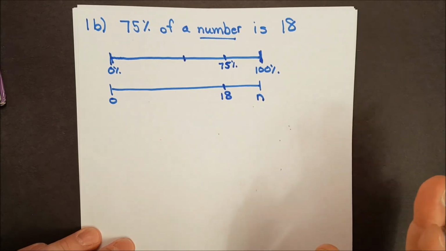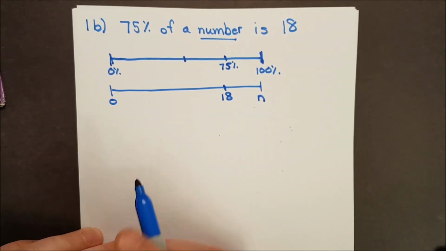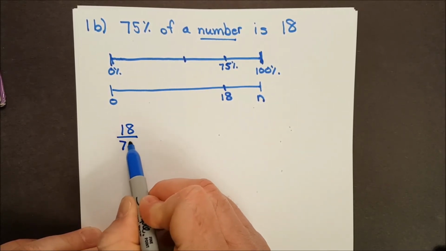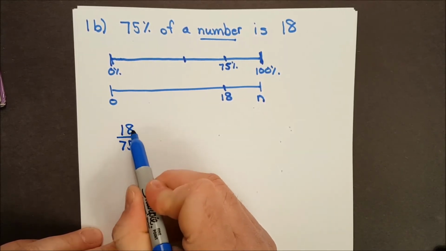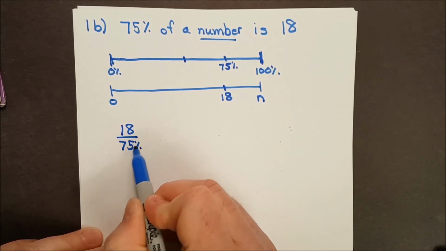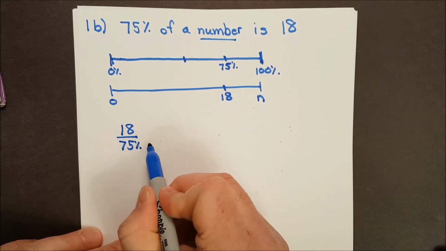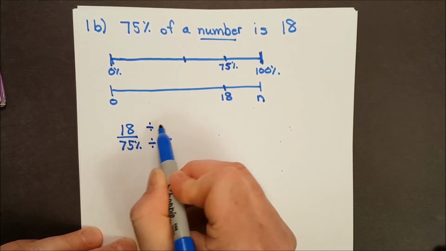We're going to go straight to figuring out how much is 1% worth. So if you have 18 that's worth 75%, we want to find out how much it is per 1%. So to find that out, we have to divide the bottom by 75 and divide the top by 75.